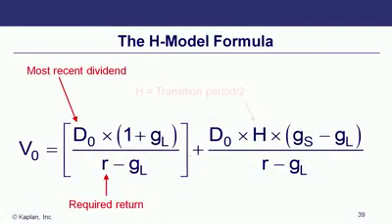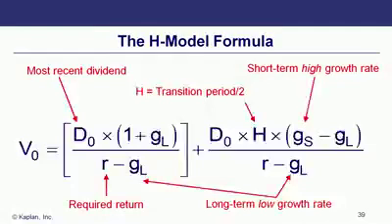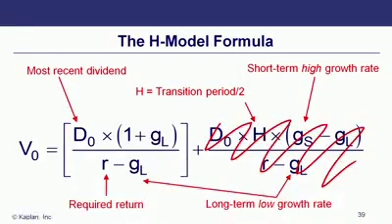Here's the formula. Looks pretty nasty, looks pretty long, really isn't that difficult to get into your head. We're saying this, the value today is D0, the dividend that's just been paid, times 1 plus g over r minus g. Forget this for the moment and focus on that left-hand side. The value is D0 times 1 plus g over r minus g.